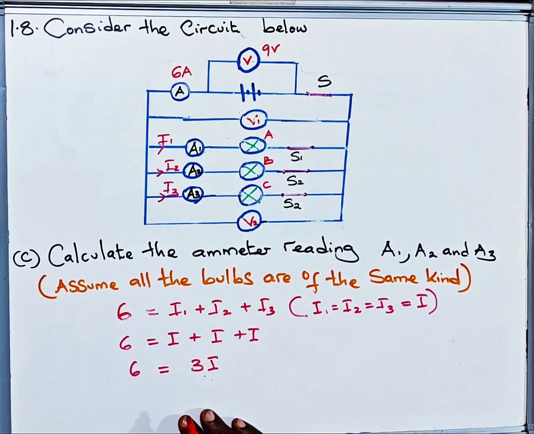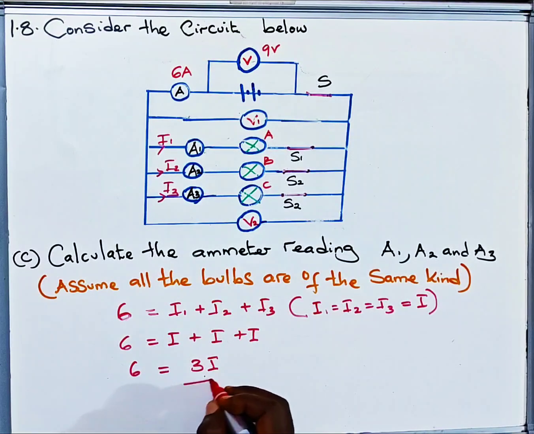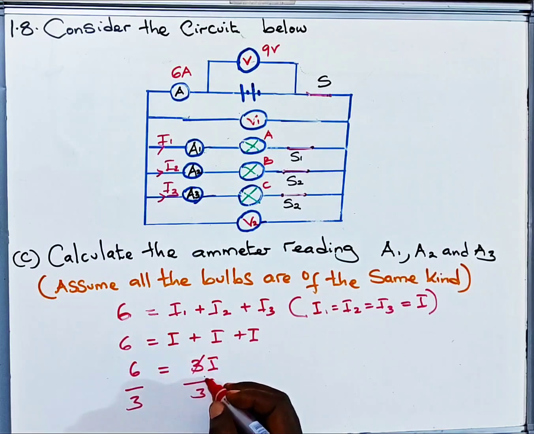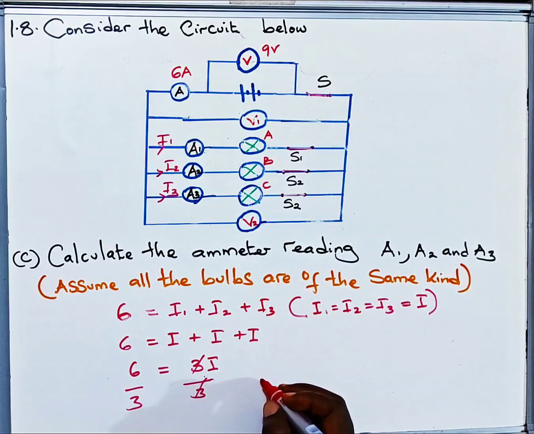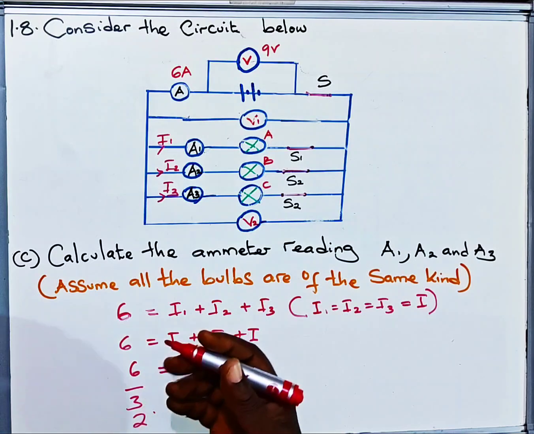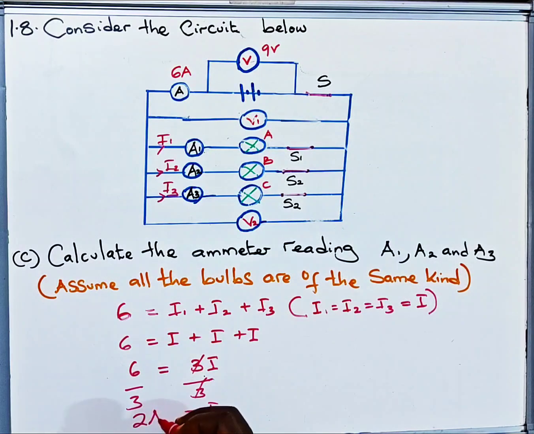And how do we get I? We divide both sides by 3. So we are going to say divided by 3, divided by 3. You cancel this, and you are going to get your I, which is equal to 2. And the units for current is A, which is ampere.